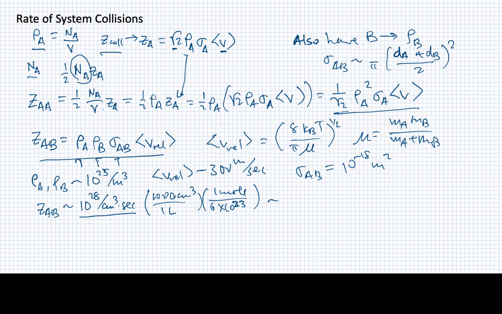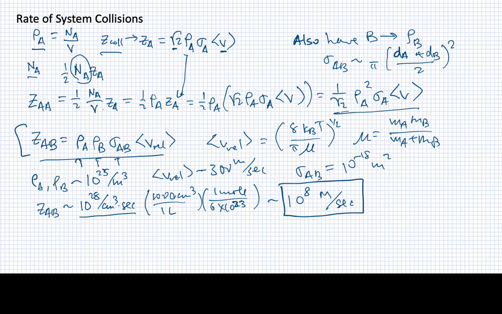And when we do that, we'll end up with a value of 10 to the 8th molar per second, moles per liter per second. And this would be our AB collision rate based on this formula that we've derived over here.